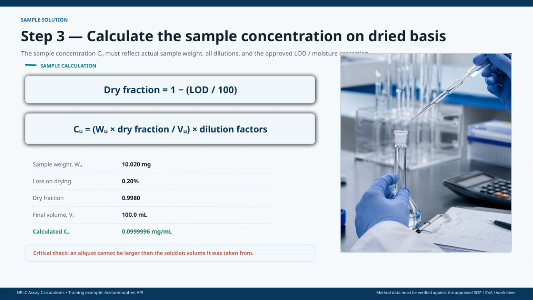Applying these values, the calculated concentration comes out to approximately 0.0999996 milligrams per milliliter. It's critical to perform a final check to ensure that any aliquot taken is not larger than the volume of the solution itself, maintaining the integrity of the calculation and the assay. This step prevents errors in quantitation and helps maintain consistent, reliable results.